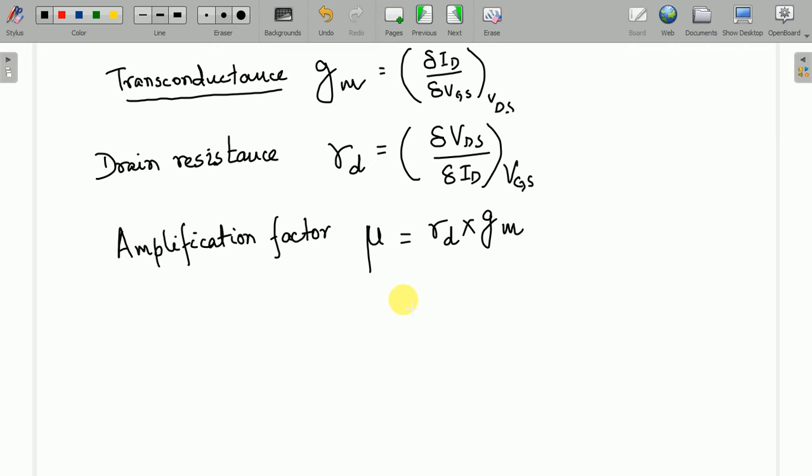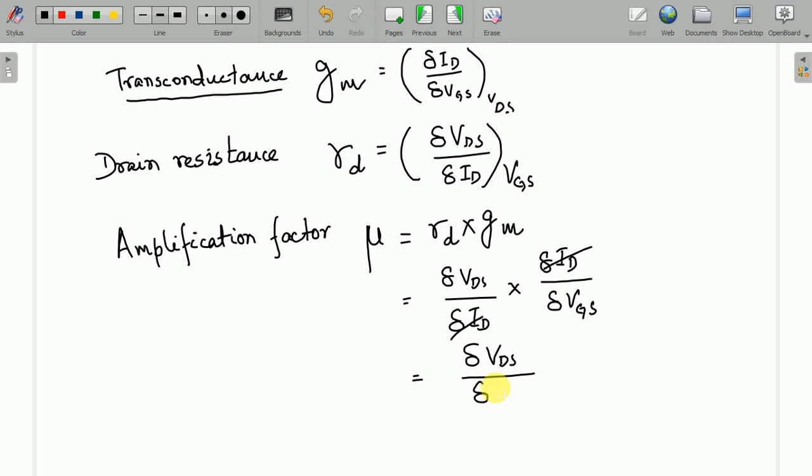If we substitute the value of RD, that is delta VDS by delta ID, multiplied by delta ID by delta VGS, this is equal to delta VDS by delta VGS. What is delta VGS? This is the input voltage.